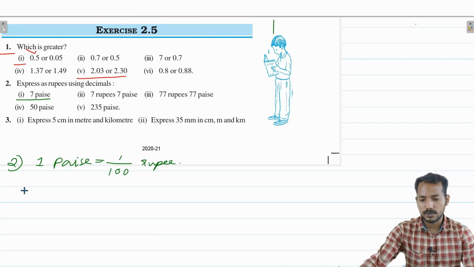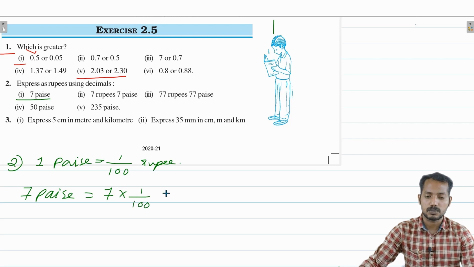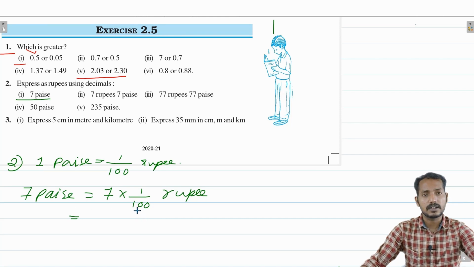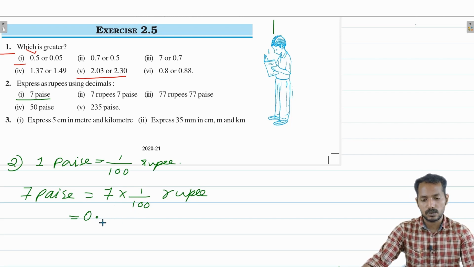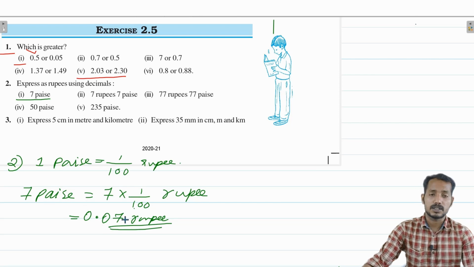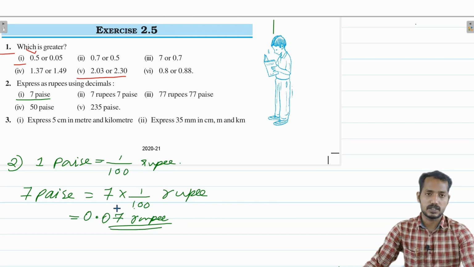We can say that 7 paisa is equal to 7 into 1 by 100. This comes at the 100th place. So 0 point, because in the 1's place, before the decimal point, there is no digit. So keep 0, then the decimal point. In the 10th place also no digit, so 0, and in the 100th place 7 comes. So this is how 7 paisa is represented as rupees in decimal form.